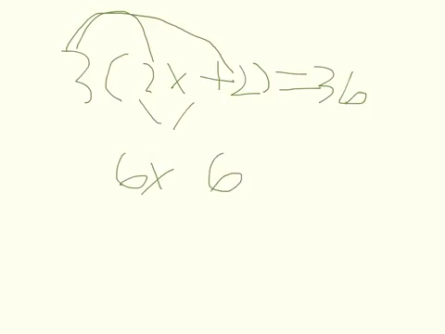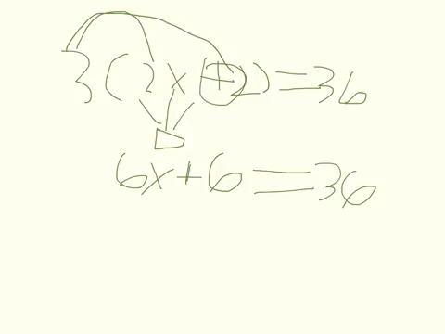And then you turn this into the equation like said. And so since 3 times 2 equals 6, you bring down the x. And since there's a plus symbol, you add the plus symbol as well. And also 36.